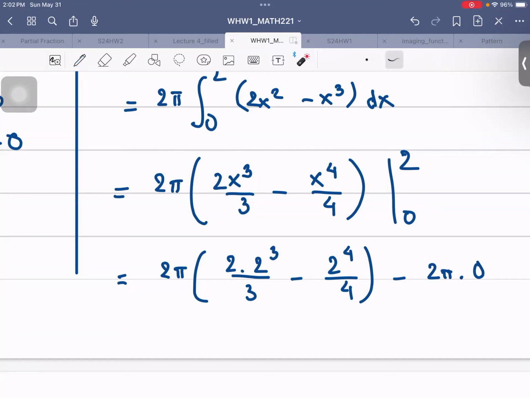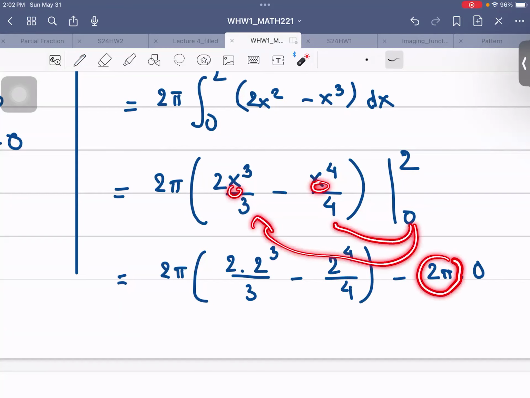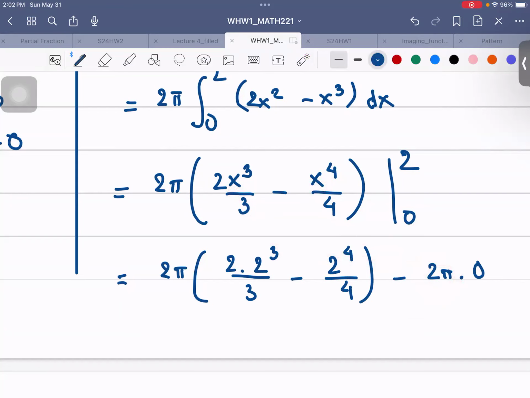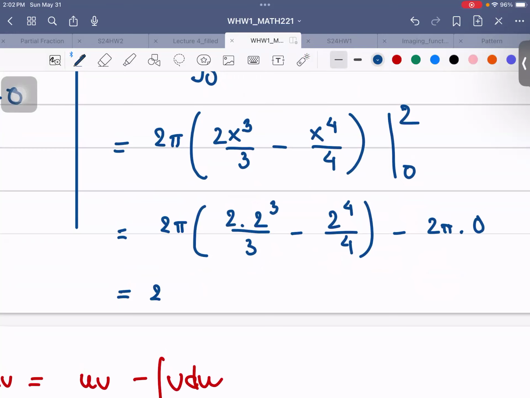The point is, when you plug in 0, you have 0 minus 0. That's why I write it down as 2 pi times 0. 2 times 2 cubed gives me 16 divided by 3 minus 16 divided by 4, and you can use a calculator to simplify this.